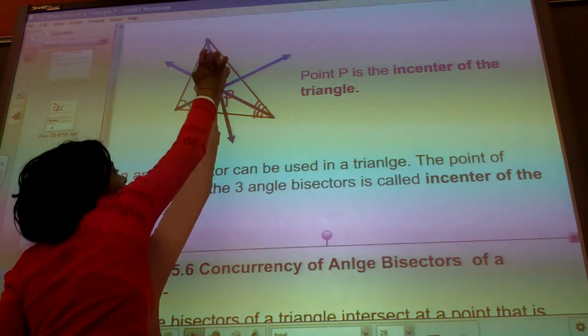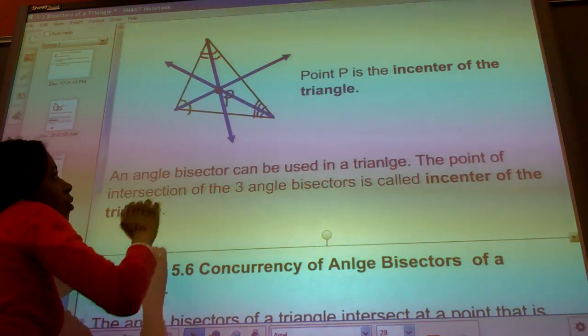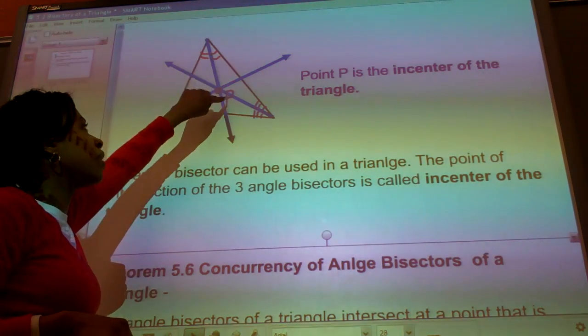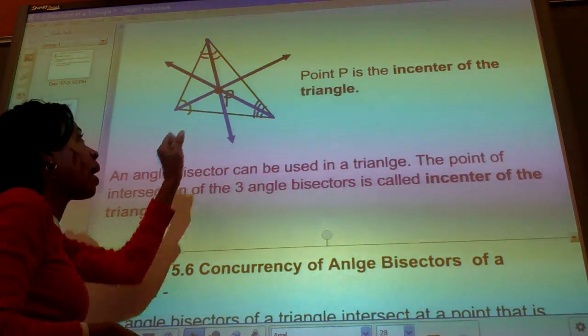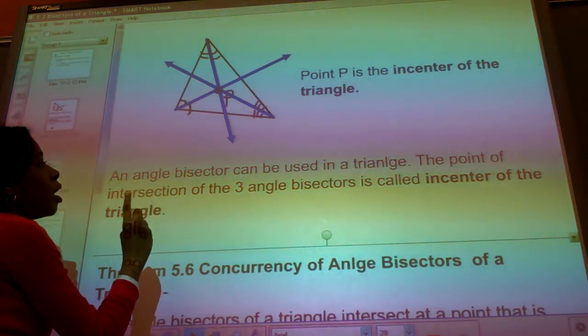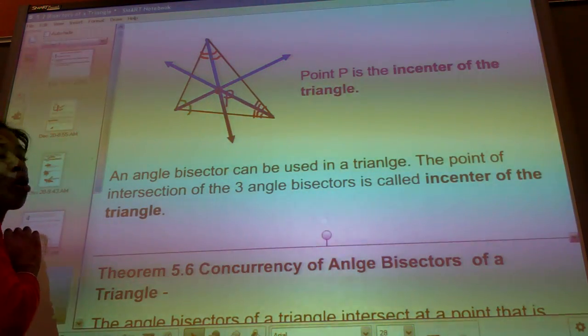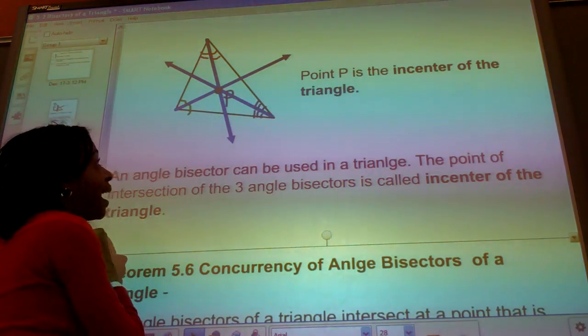And then on my third angle, on my triangle, if I draw this right here, out, and bisect it in half, all three of the lines, segments, or in this particular case, all three of my rays intersect at one particular place, right here at point P.